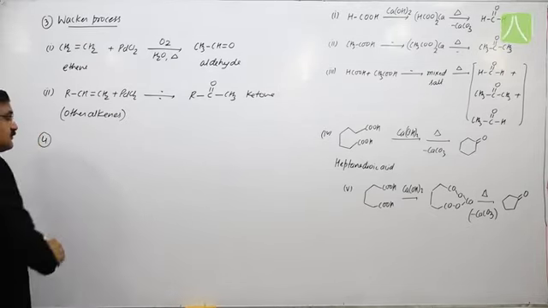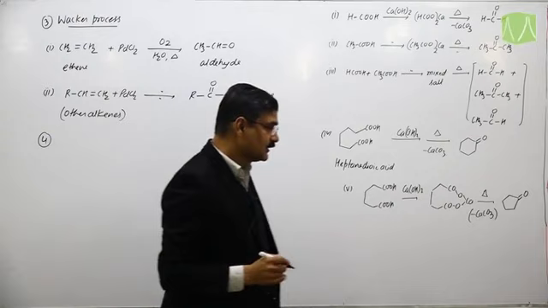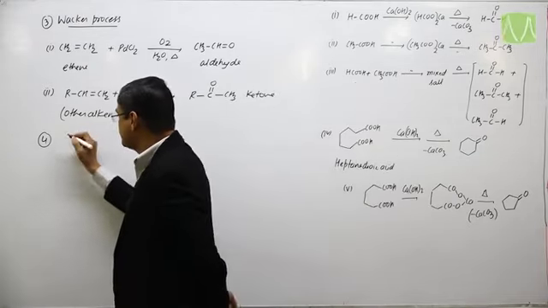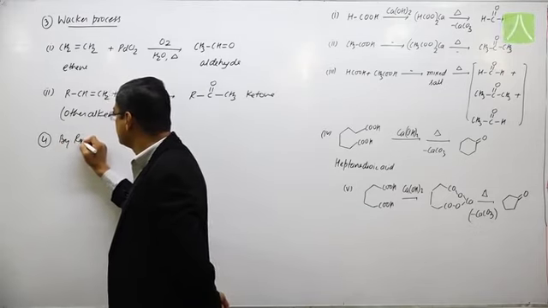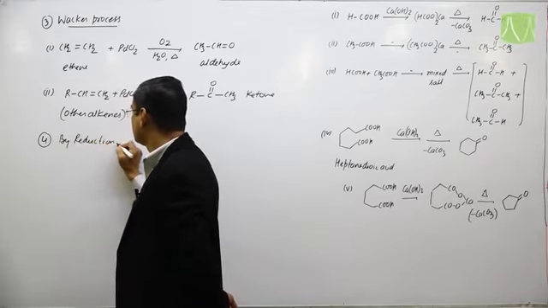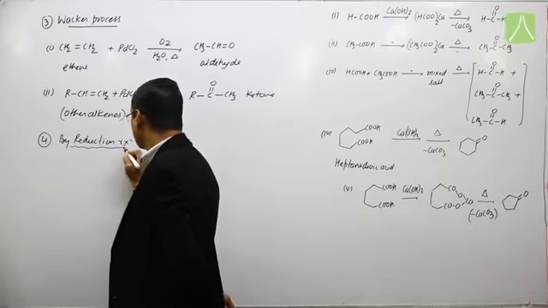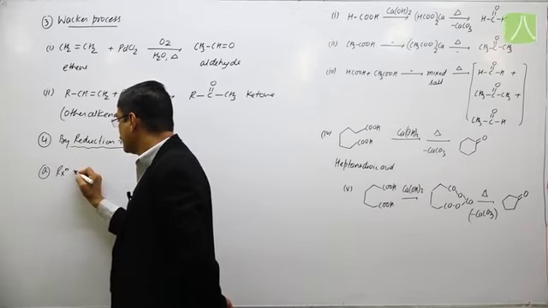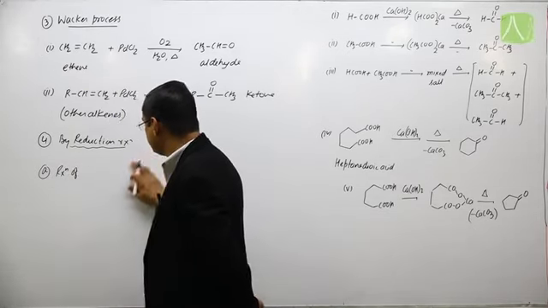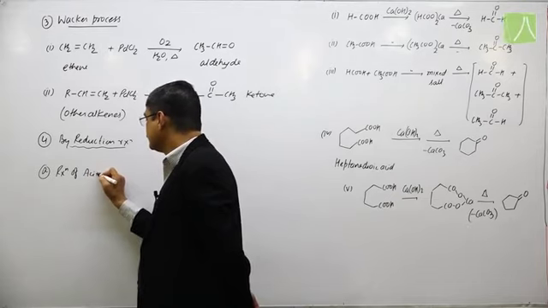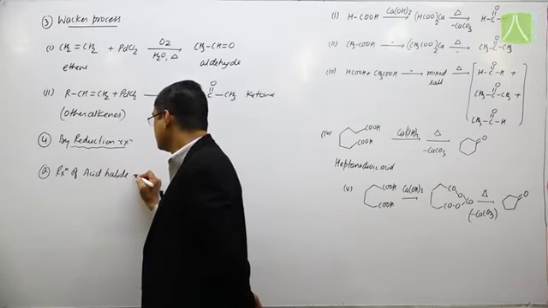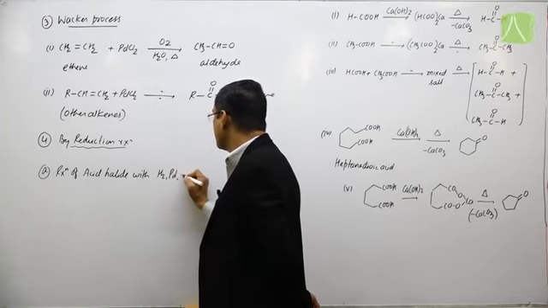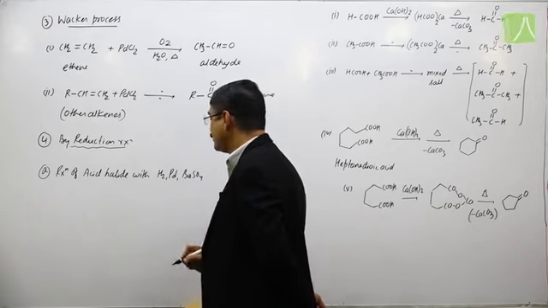The next preparation of carbonyl compounds is by reduction reactions. First, reaction of acid halide with H2, Pd-BaSO4.